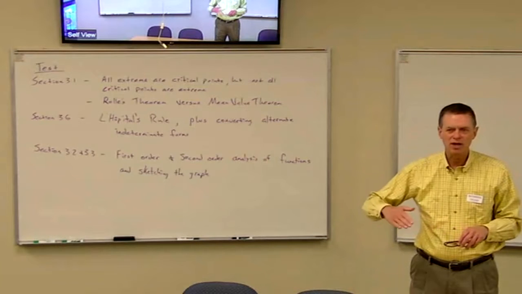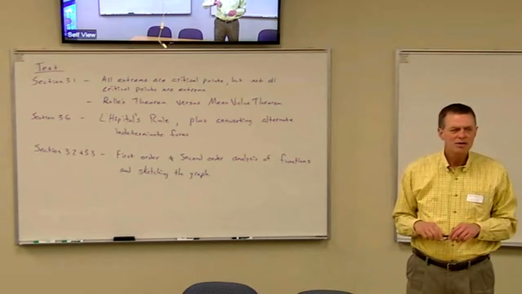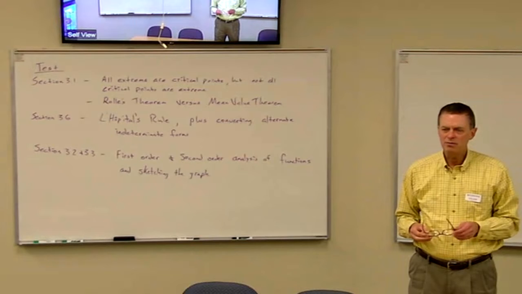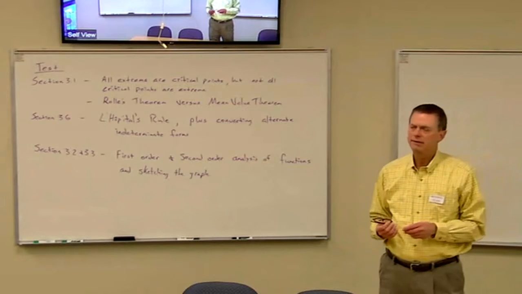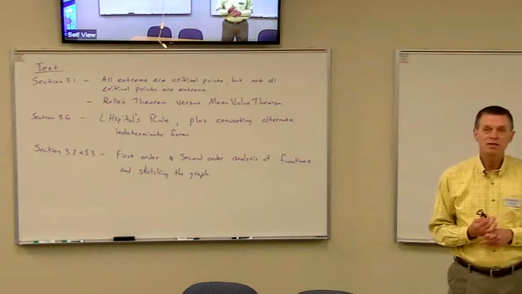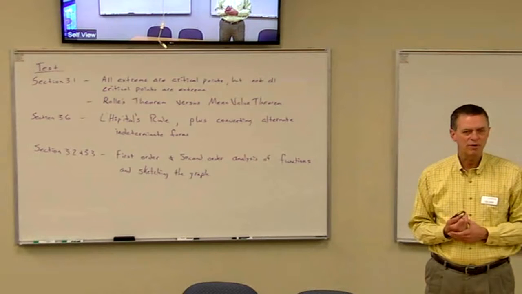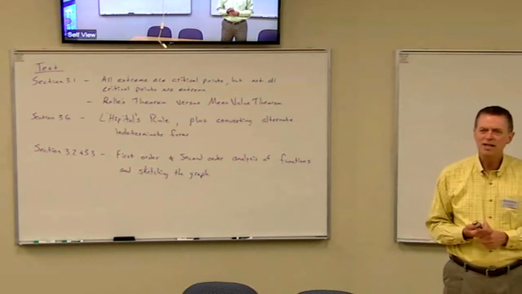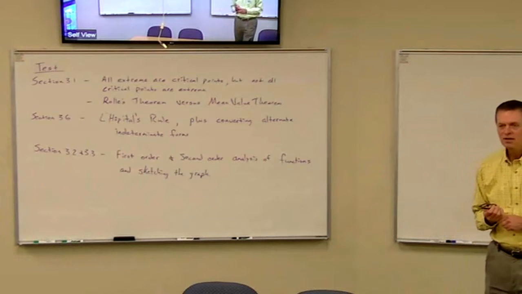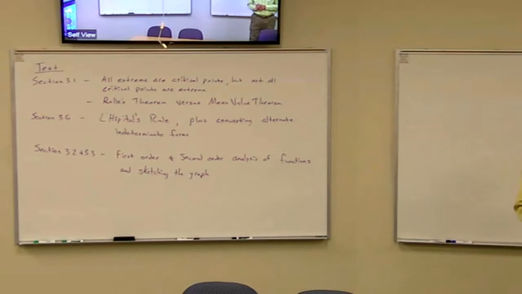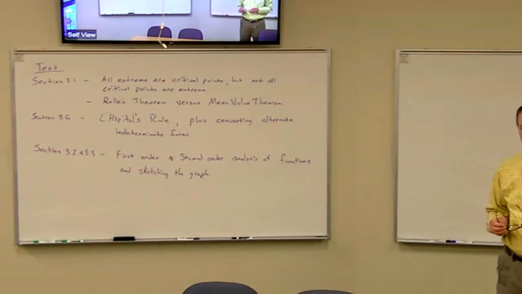You can find intervals where it's concave up and concave down. You can find local maximums, minimums, cusps, and inflection points and whatnot just by analyzing the function and its first and second derivatives. So you get a lot of detail about what the graph looks like simply by looking at the derivatives. Sweet. Okay, that's what we've covered. That's what will be on the test.